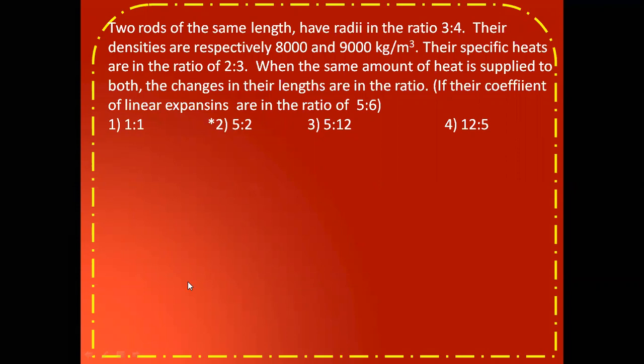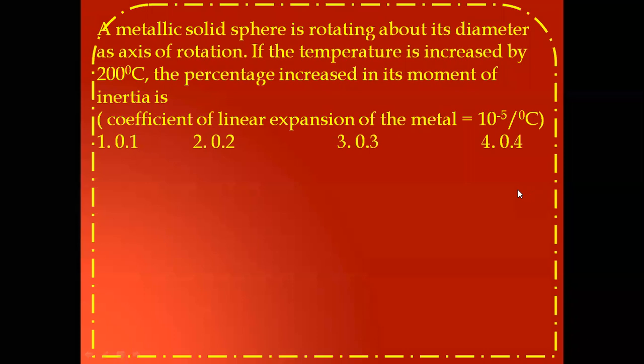Next scheme, application to that problem. A metallic solid sphere is rotating about its diameter as axis of rotation.